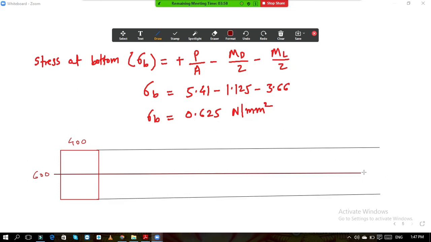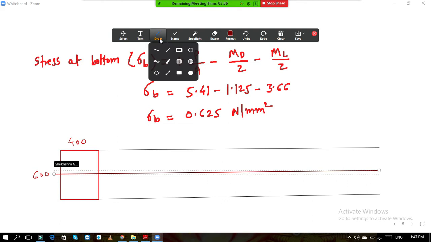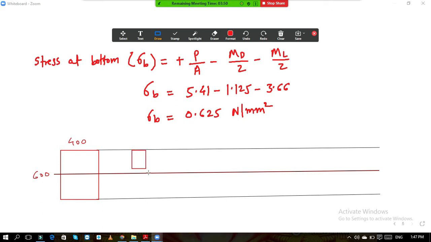This is the neutral axis. Now next thing is direct stress. So your direct stress diagram will be like this. It is P by A, always plus 5.41 at top and 5.41 at bottom. You can give the name direct stress.